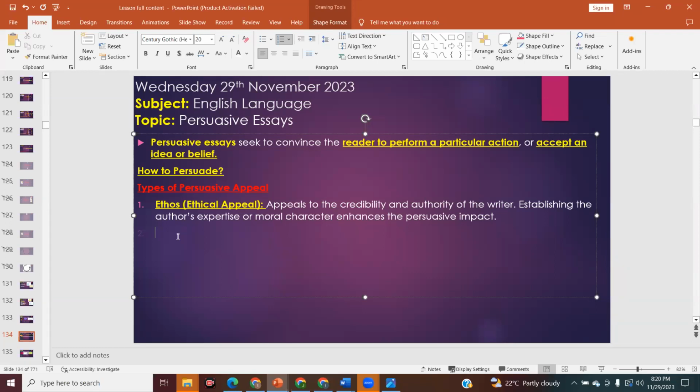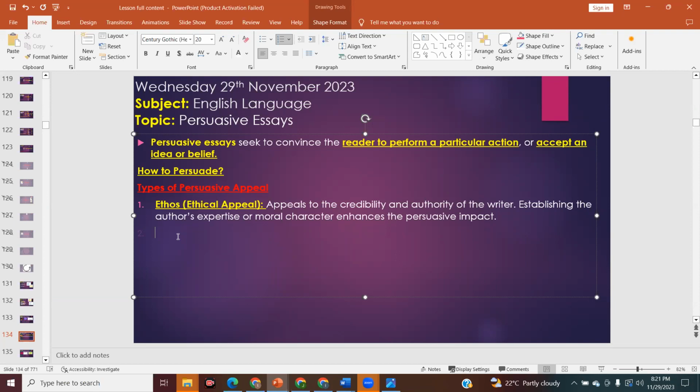So ethos deals with how well you as the author make yourself credible, make it seem that you know what you're talking about. There are different ways to do it. Make sure your work is organized, your ideas are clearly stated, your grammatical errors are at a minimum, and you spell your words correctly.